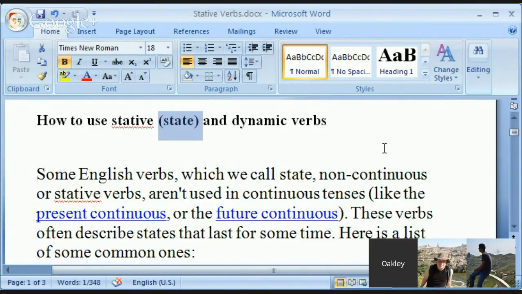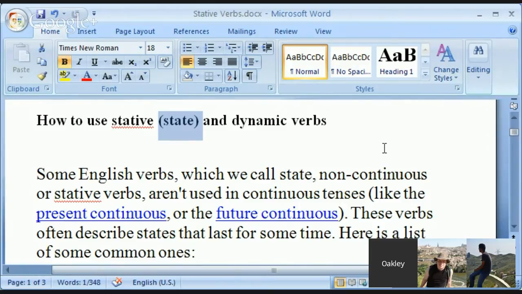Okay, the sky is blue. That's just the way it is. That's the state it is in. So obviously I'm talking about the way something is. I can't say the sky is being blue. That would sound very, very strange in English.